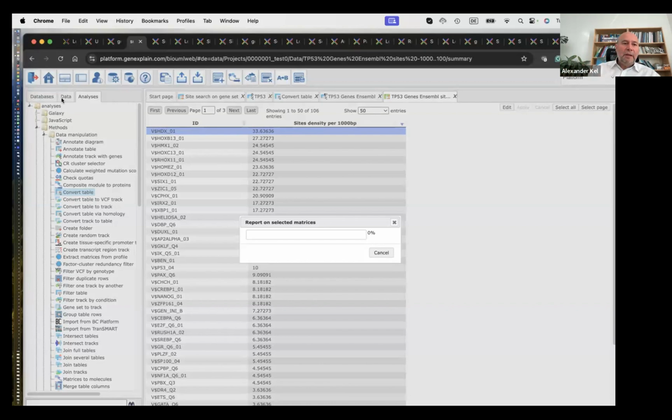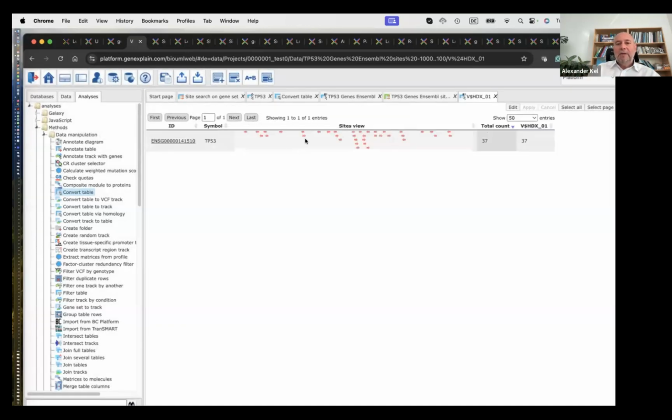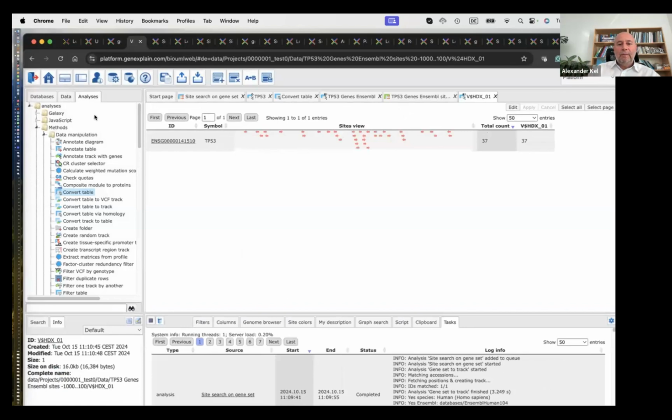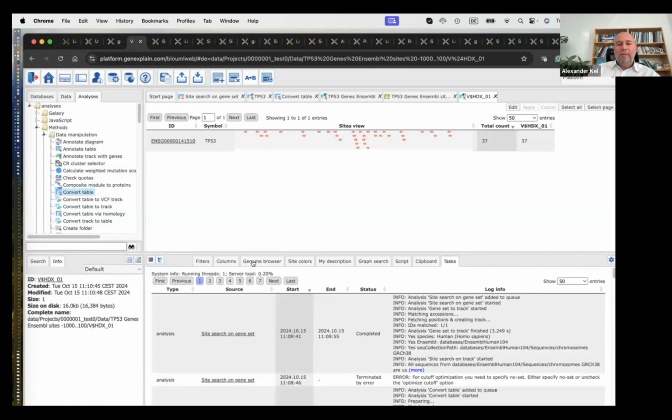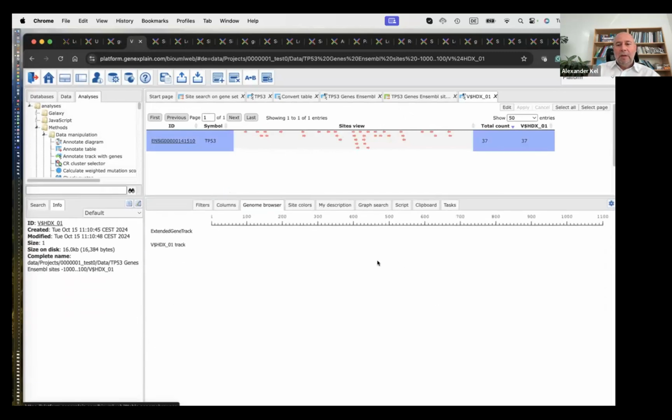And here in the output folder, you also see all the sites, not just this summary. This is a small representation of those sites. We can also click here to see it in more detail in the browser.